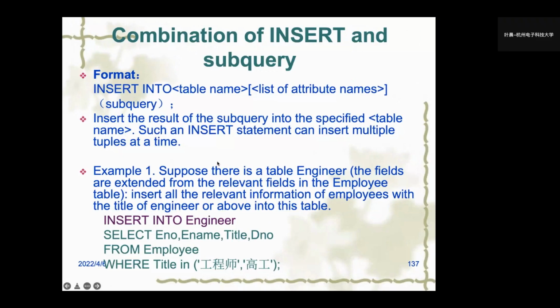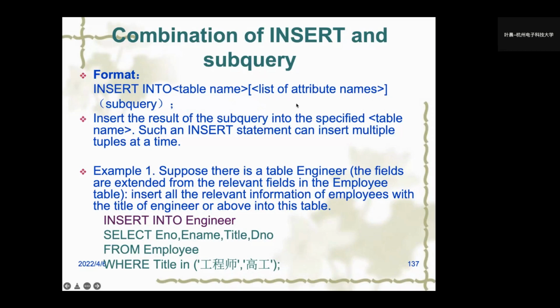First, let's see how to combine the insert operation and a subquery. In the previous class, we taught that if you want to insert some tuples in a table, you can use two ways. The first is to use insert into table name, list of attribute names, and then values, where you write the detailed values according to these attributes.